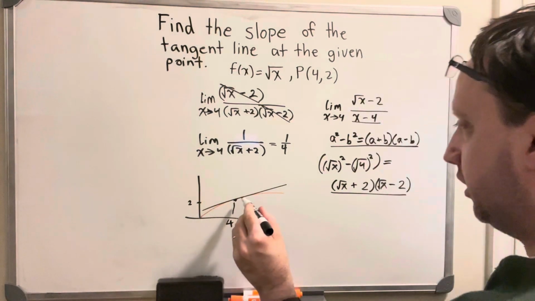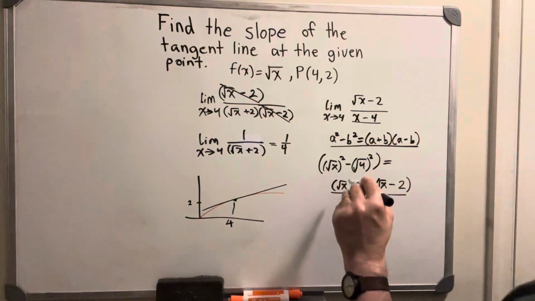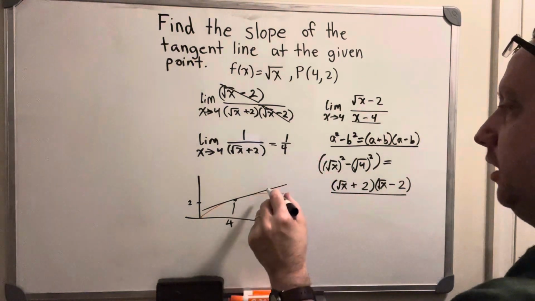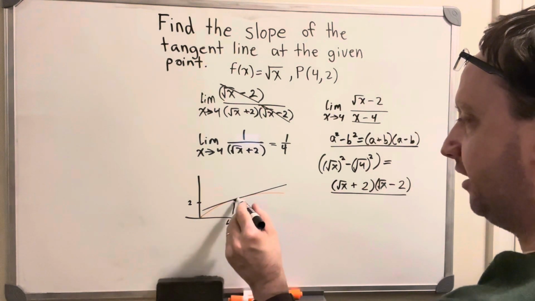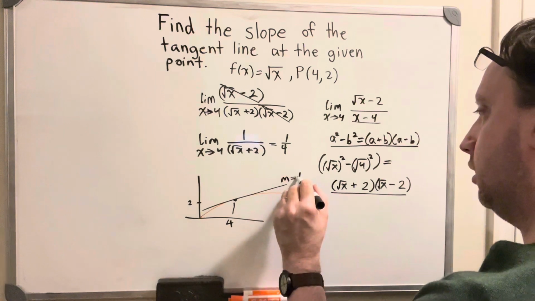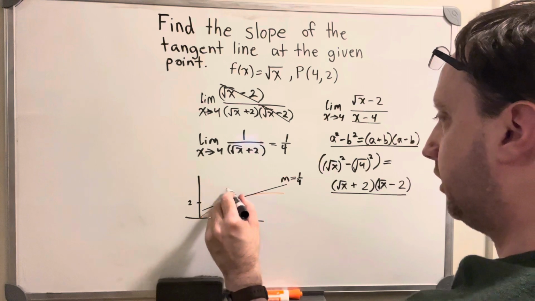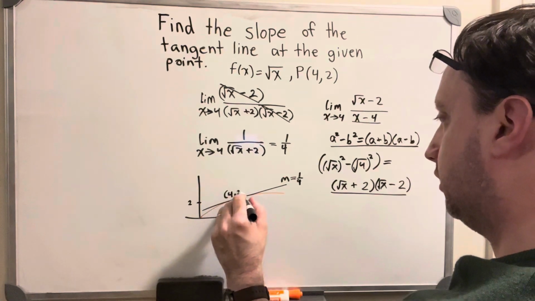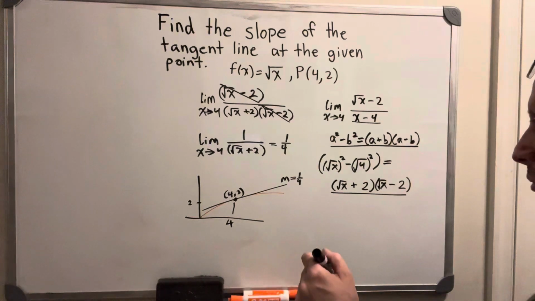We wanted the tangent line. Now, because we used limits, we know that the slope of this tangent line at this point is 1/4. The point is 4, 2. Now we can use the point slope form.